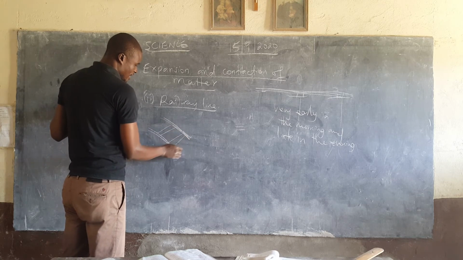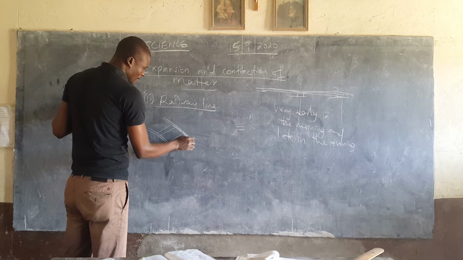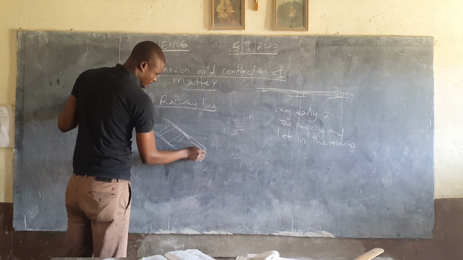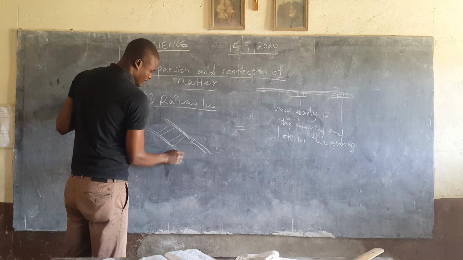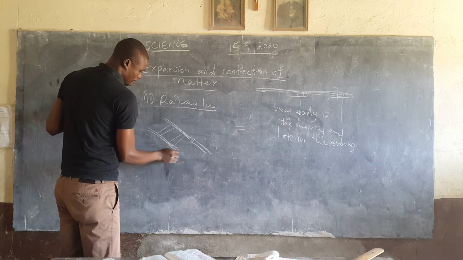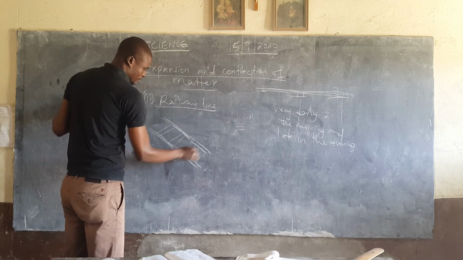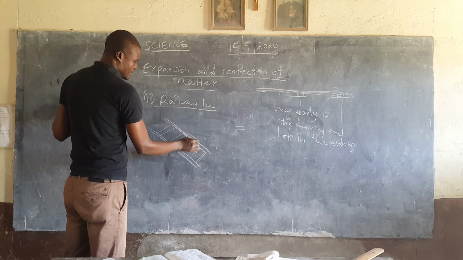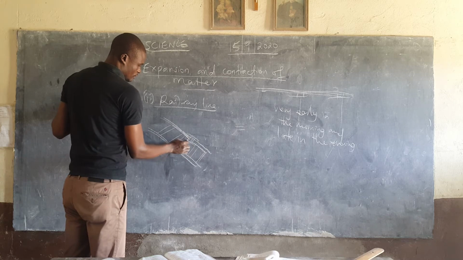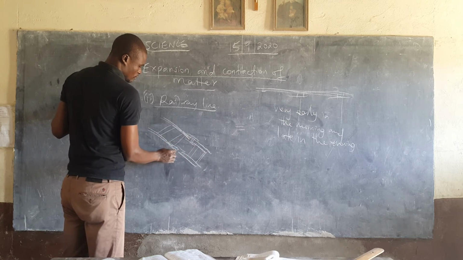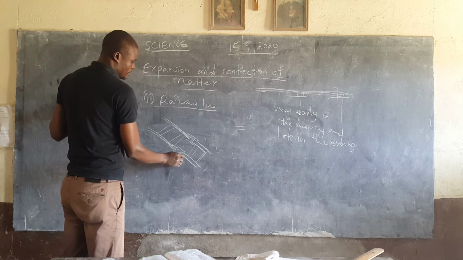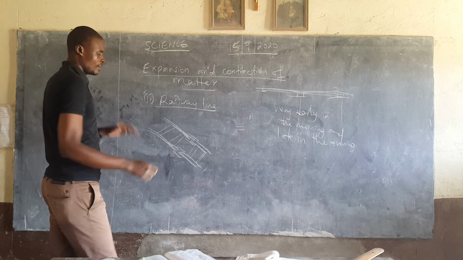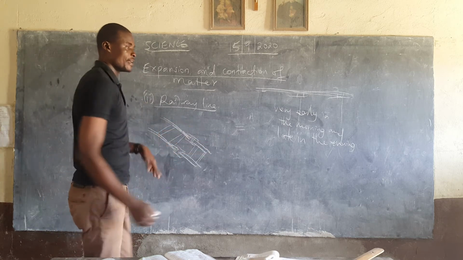Between one rail and another rail, there's a gap normally left. And these rails are tied using something to make them be fixed together. But there's a small space left between one rail and the other.